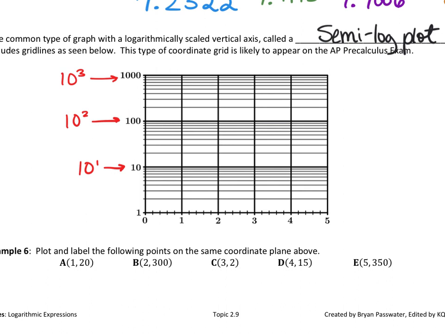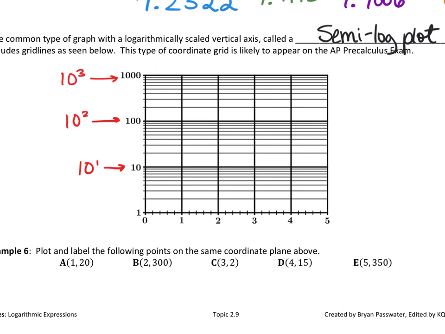They are not evenly spread out, but there are 10 in every section. So I have 0, and then I have 1, 2, 3, 4, 5, 6, 7, 8, 9, 10. There are 10 lines here. There are 10 lines here. Those are going to represent the 10s in between them.